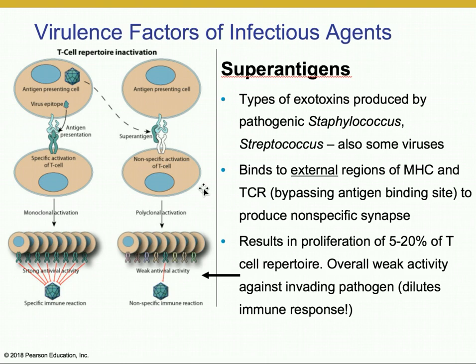And it does this to lots of different T cells, and the cytokines which are released cause a polyclonal as opposed to a monoclonal activation. Only a small subset of these will then have any affinity or specificity to the infectious agent. So a very weak and non-specific immune response occurs.